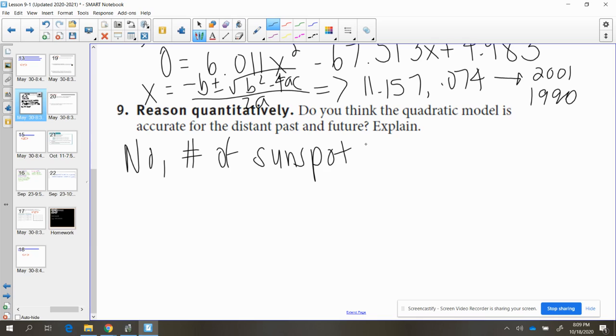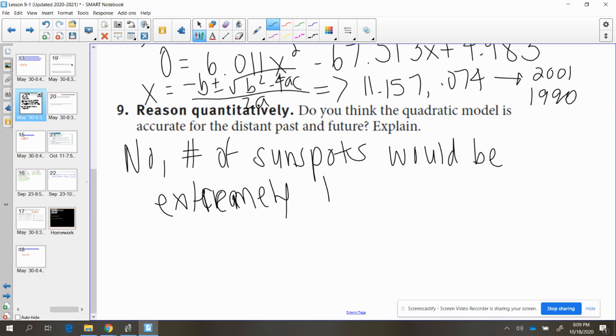So it doesn't really make sense that that would be the best model, just given the nature of these extremely large values. Extremely. I don't know why I was trying to put an A in extremely large. Okay, so it doesn't really make sense.